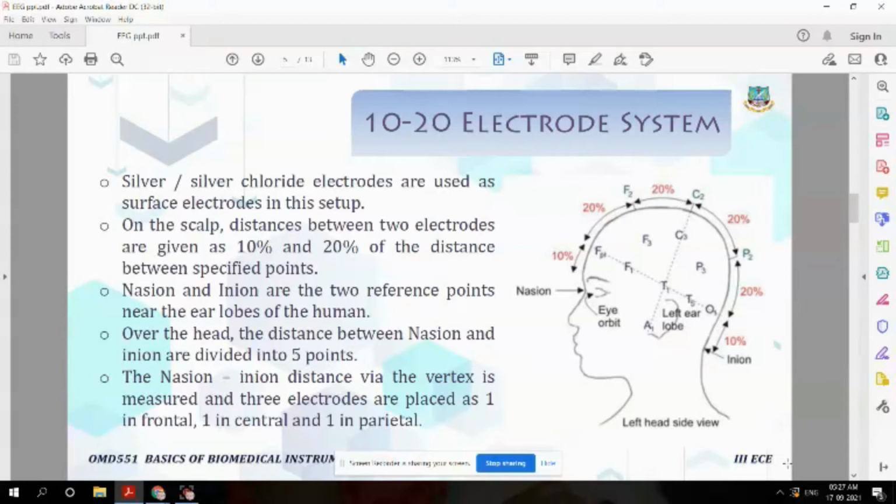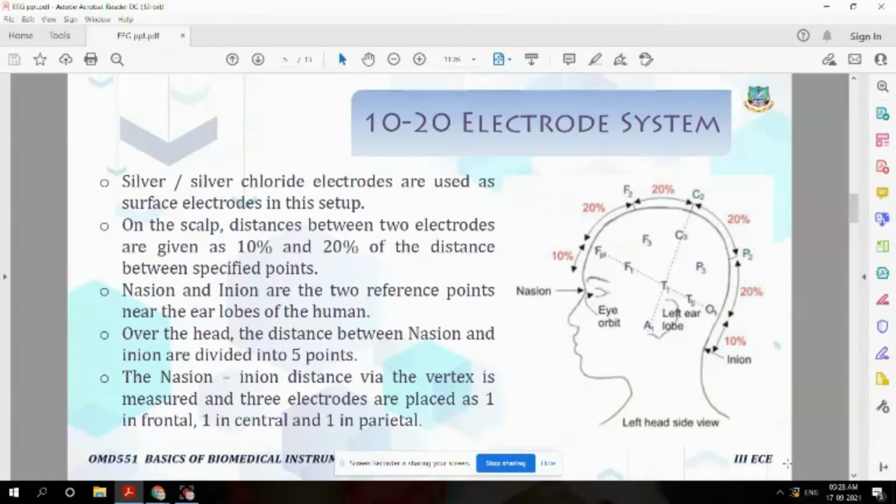There is a 10-20 electrode system we have to use. First, we see why it is called a 10-20 electrode system. The distance between two electrodes is 10 percent and 20 percent of the distance between specified positions on the scalp.